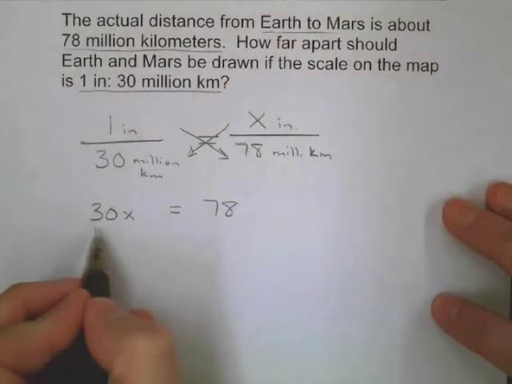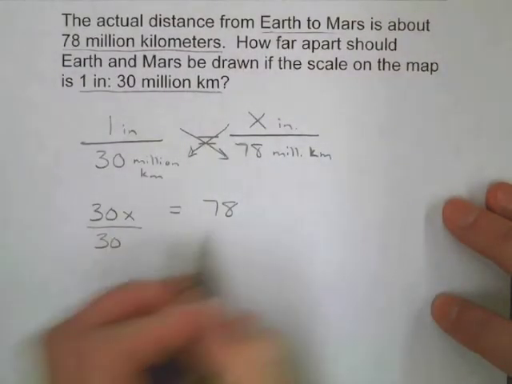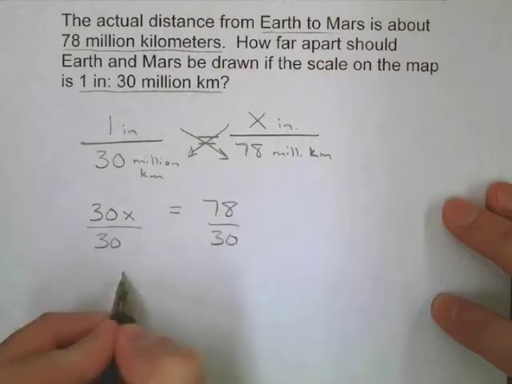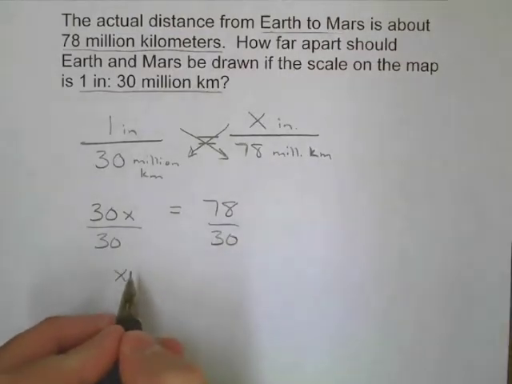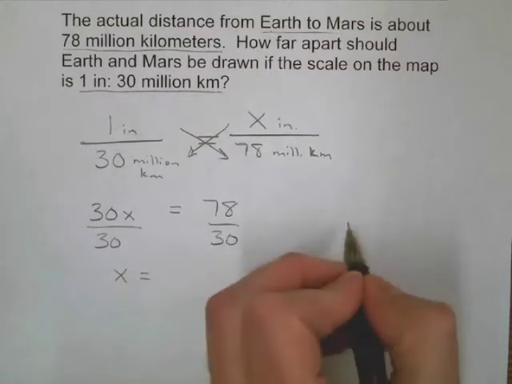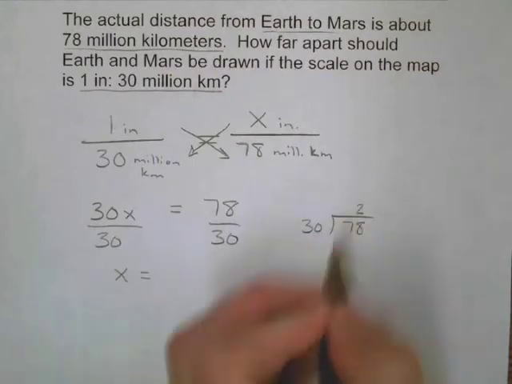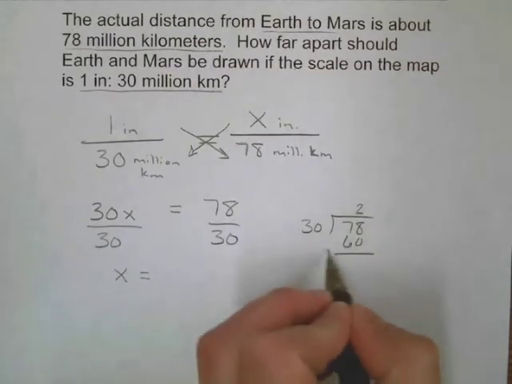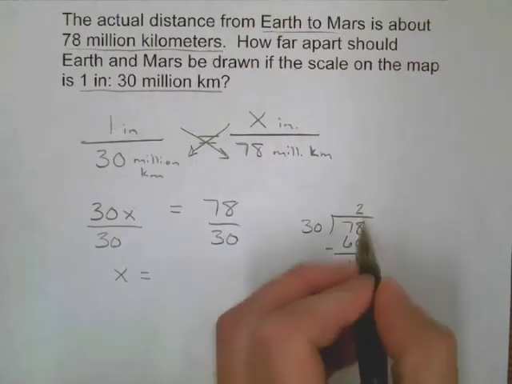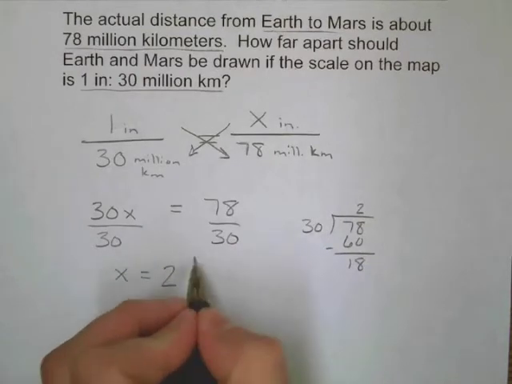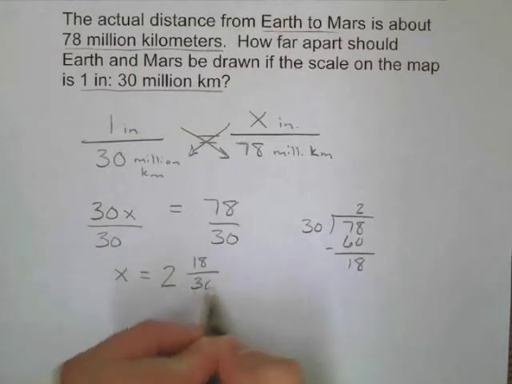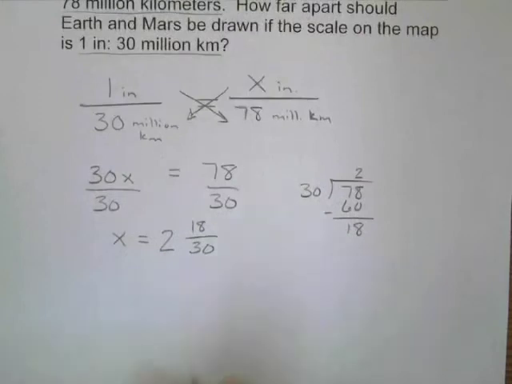I want to get x by itself. Divide both sides by 30. And we end up with x equaling, well, let's go through this. We have 78 divided by 30, and that's 2 with a remainder of 18. Well, here we have 2 and 18 thirtieths. And it's in inches.